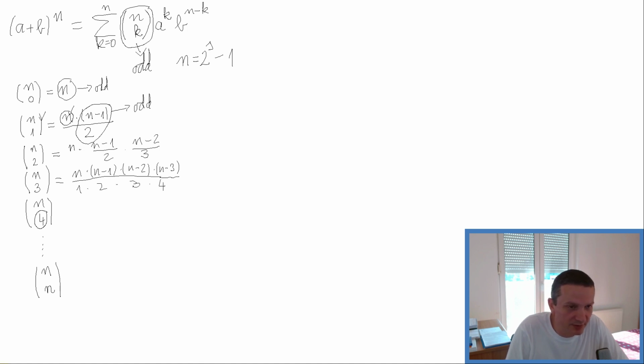This is the general scheme for how to calculate a binomial coefficient. So n over 4 will be n times n minus 1 over 2 times n minus 2 over 3. Actually, I was wrong.